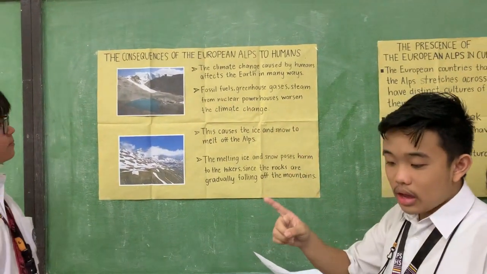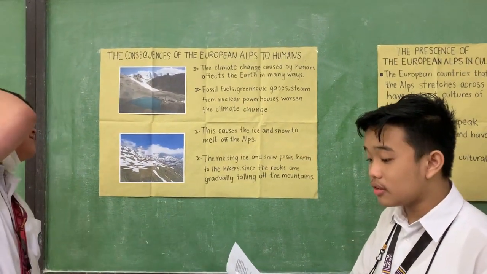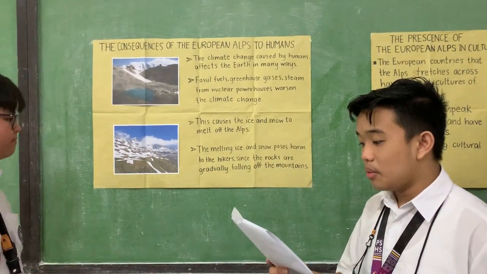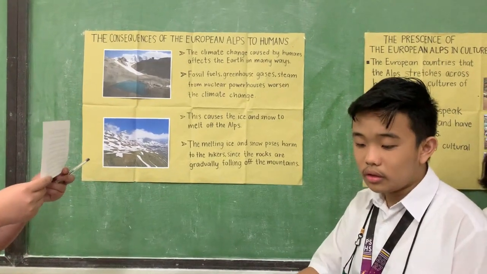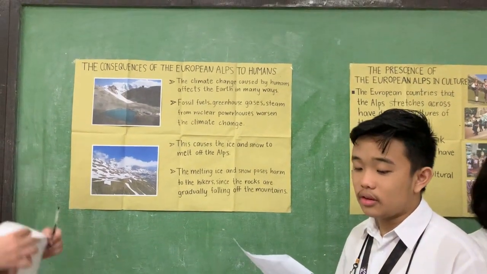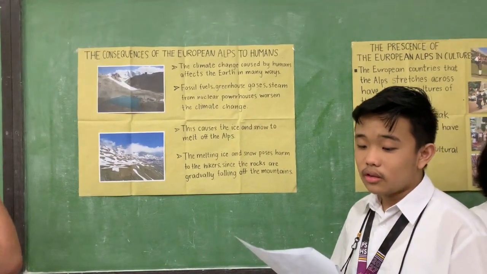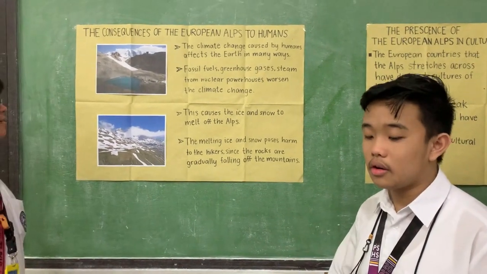In fact, climate change affects the mountain ranges because the ice and snow on the mountains are gradually melting. When the ice that holds the rocks together melts, the rock detaches from the mountains. This poses a hazard to the climbers, since it is dangerous to climb the European Alps while it is deteriorating.